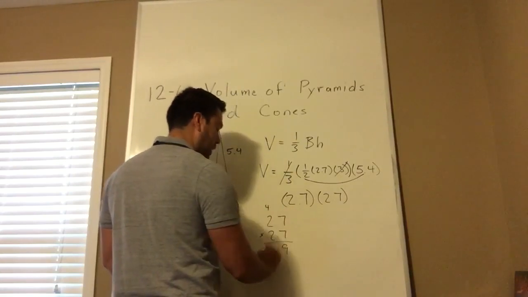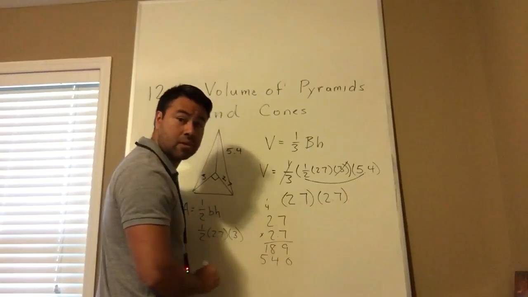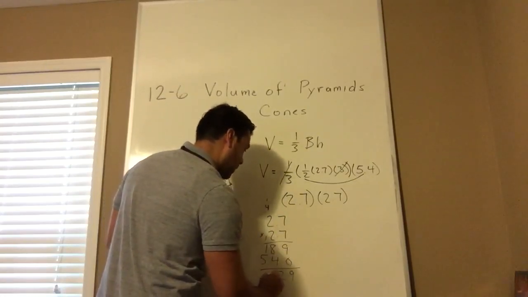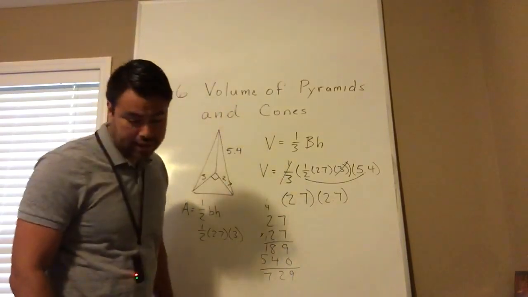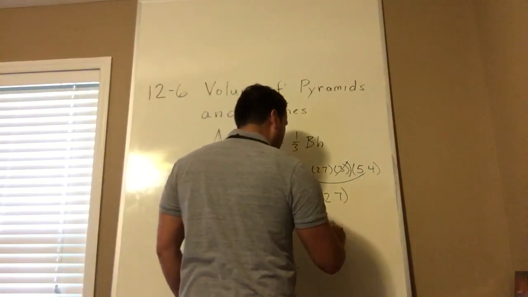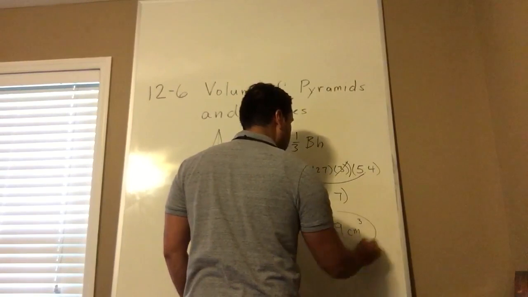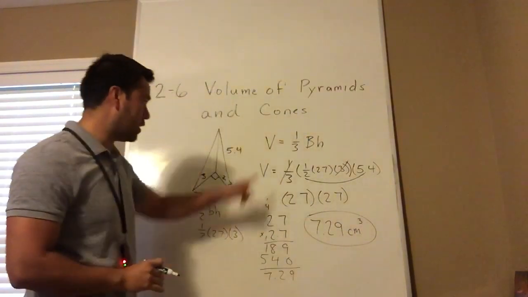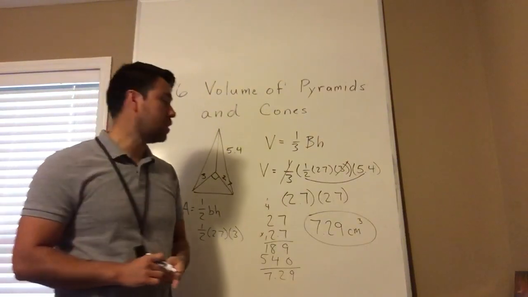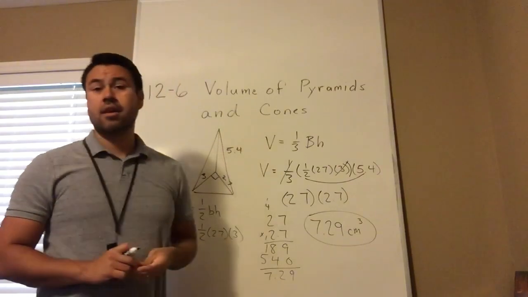Yep, you can see that still. 7.29 cubic centimeters. Cubic centimeters, because we're dealing with volume. Volume always has a cubic unit for its answer. And that's how you figure out the volume of this pyramid in this case.